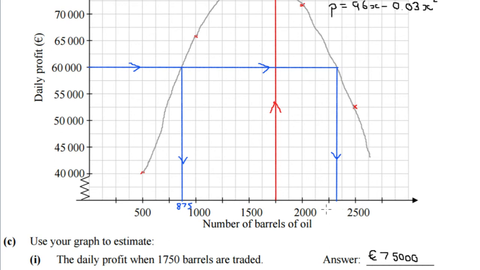So we're looking at roughly a quarter of 250, which is about 60. So you don't have to be perfectly exact here, as long as you get it roughly correct. So I'm going to say 2,250 plus an extra 60. So that's going to give me 2,310.